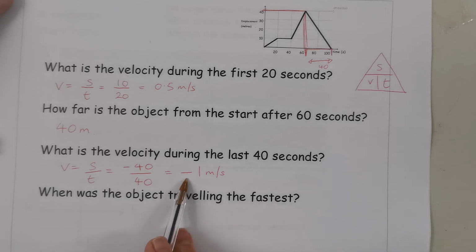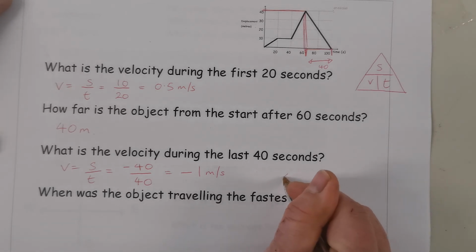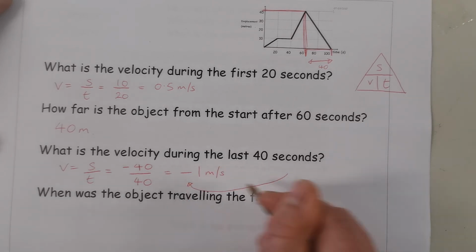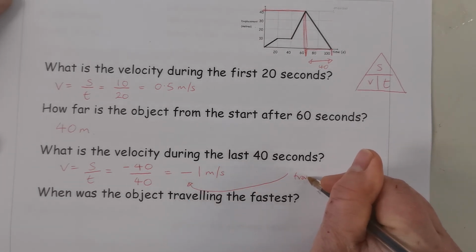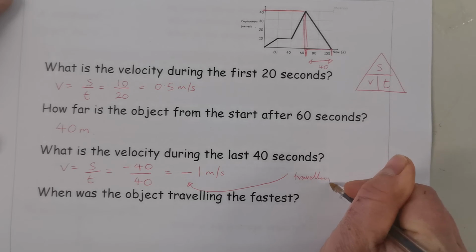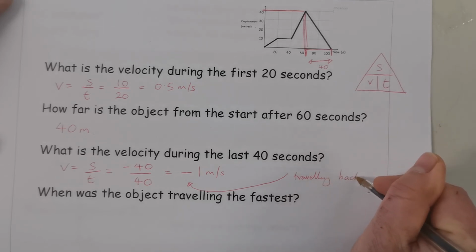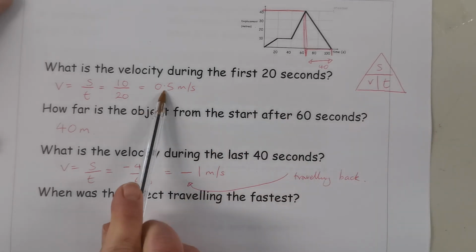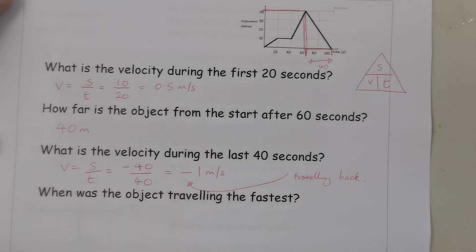The minus sign here is because velocity is a vector, and we're indicating that it's traveling back, in the opposite direction to when it was traveling at 0.5 meters per second.